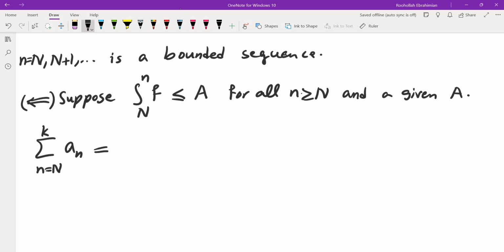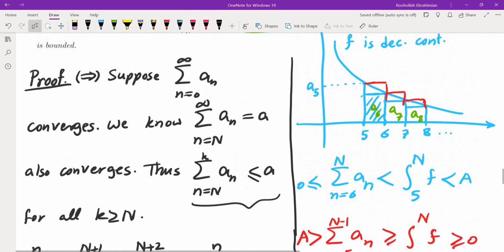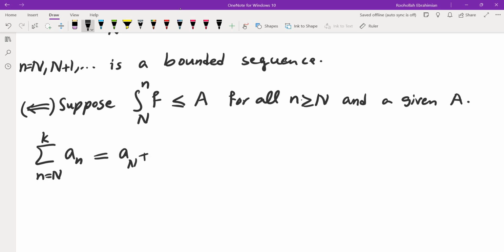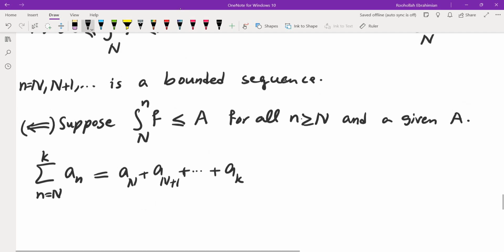So if we look at the blue areas, this would be a_N plus a_{N+1} plus up to a_k, which I would like to show is bounded.